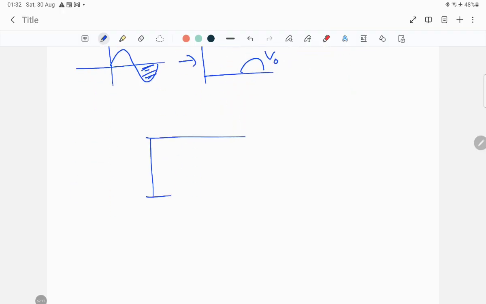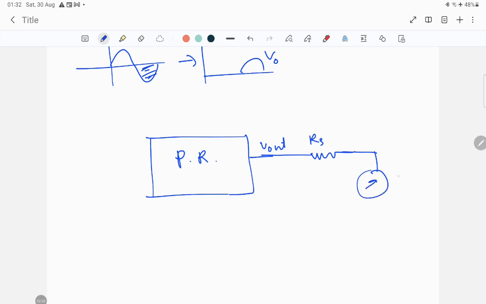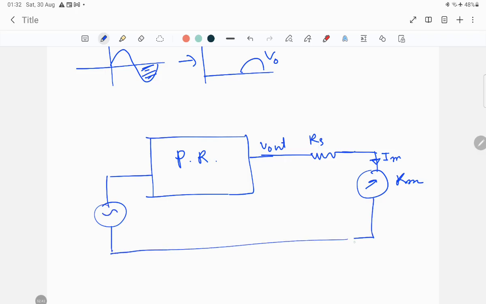So if this is the precision rectifier, the V out will be connected with RS, and it will be connected with IM and RM. So if this is your input signal, like this manner it will be connected. Depending upon the orientation of the precision rectifier, it may work in the full wave or in the half wave. So it's your choice which one you want to choose.